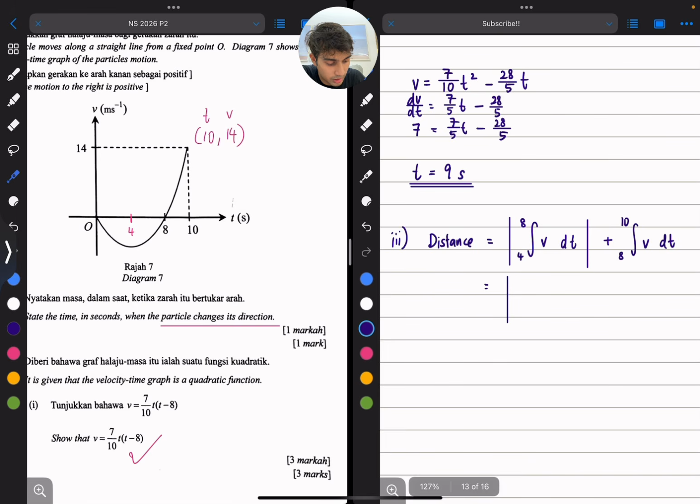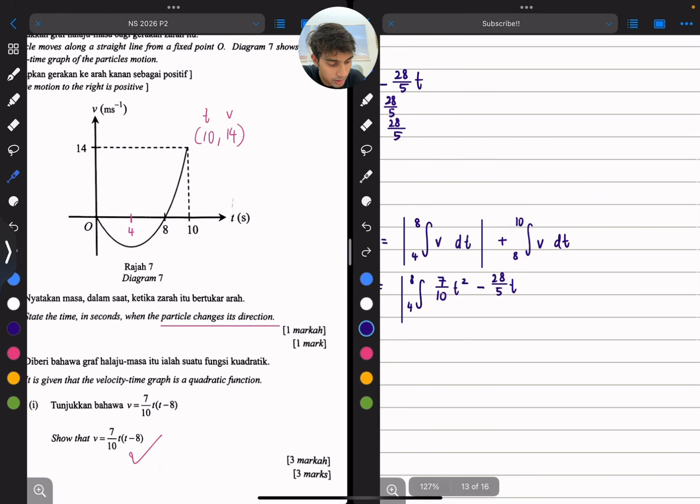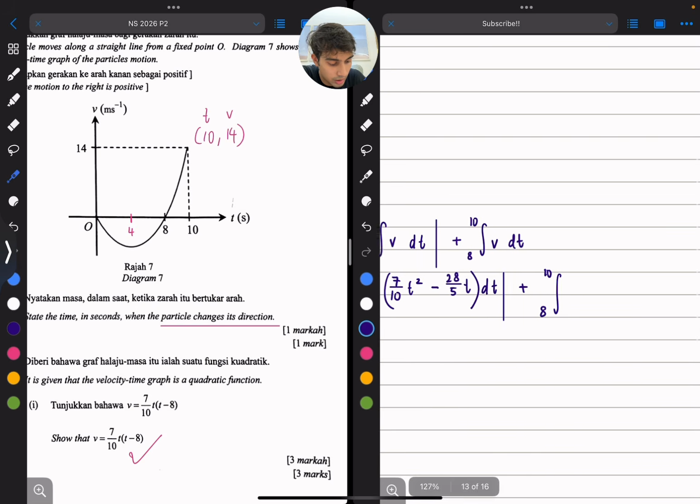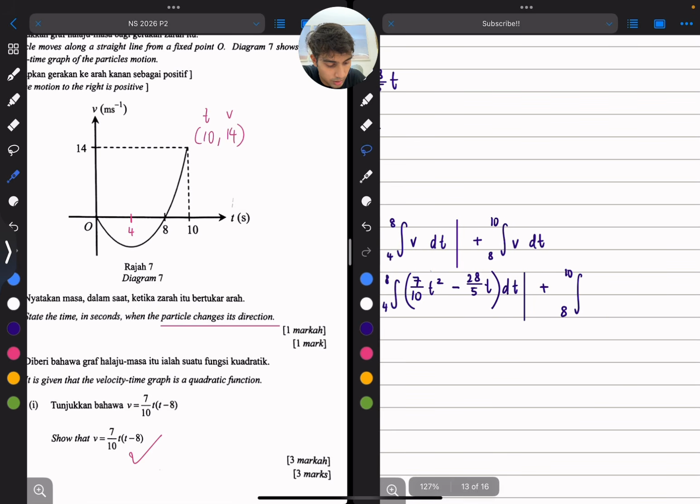So modulus, 8 to 4, of 7 over 10 t squared minus 28 over 5 t dt, plus 10 to 8, same thing. I'm going to copy this.